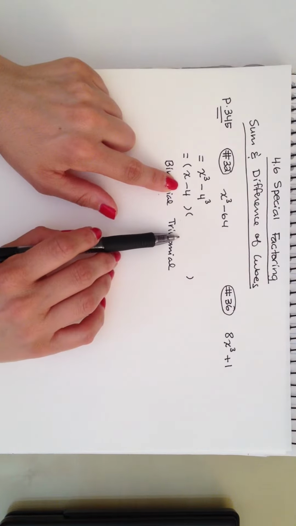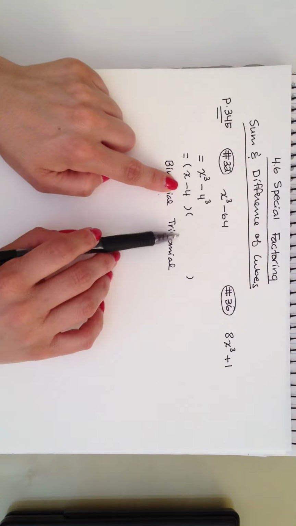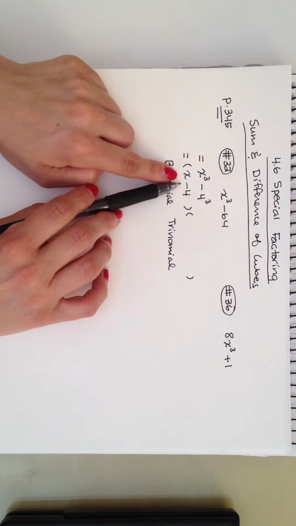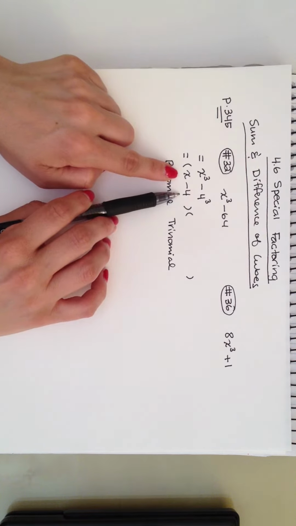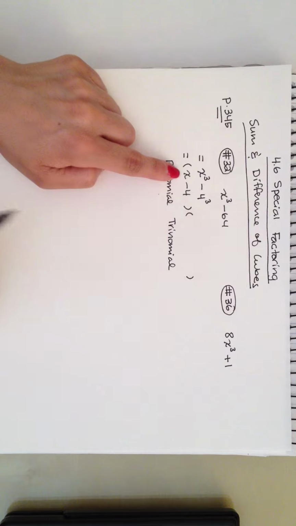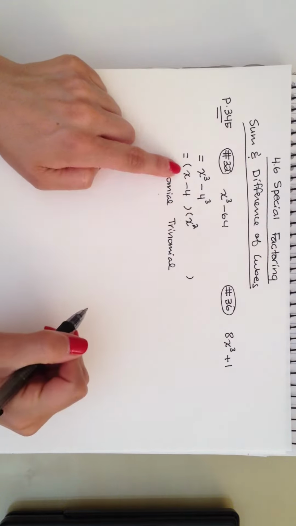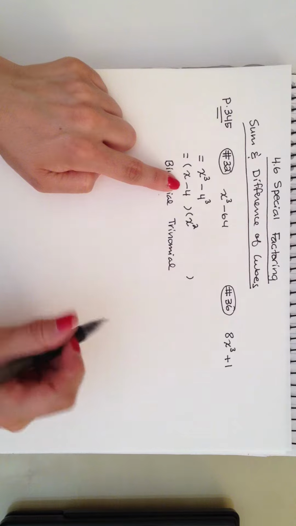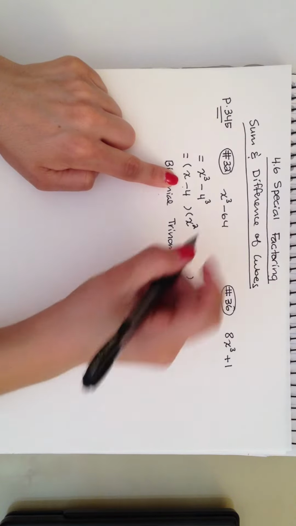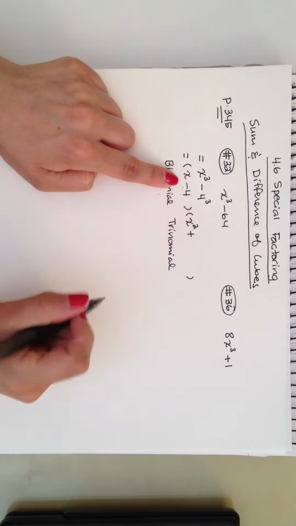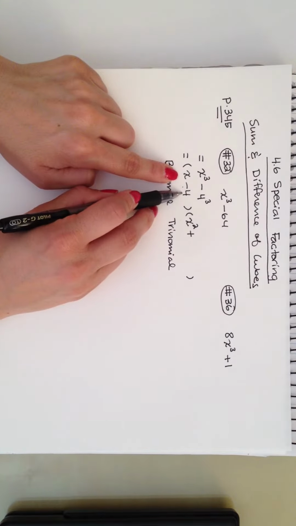Then in the second parentheses, we use what we wrote for the first part. We square the first term, x squared. Then we write the opposite sign. Since that's a minus, the opposite sign is a plus. Multiply these 2 terms together, but without the sign.